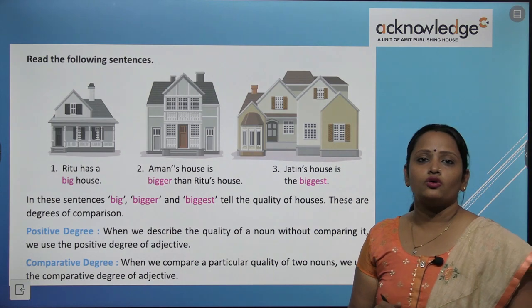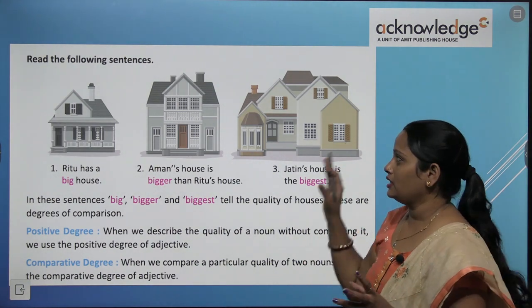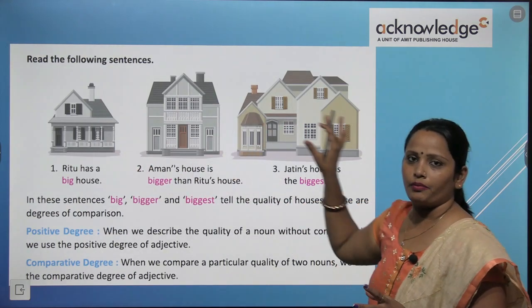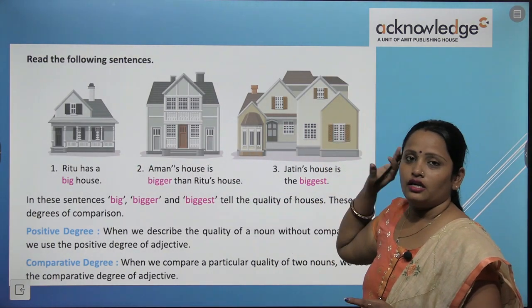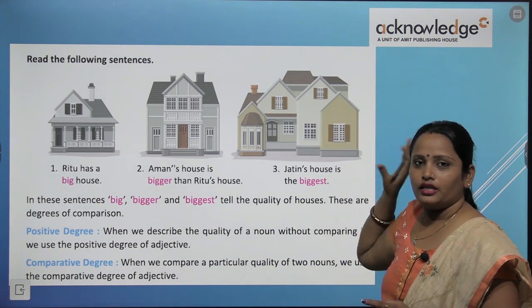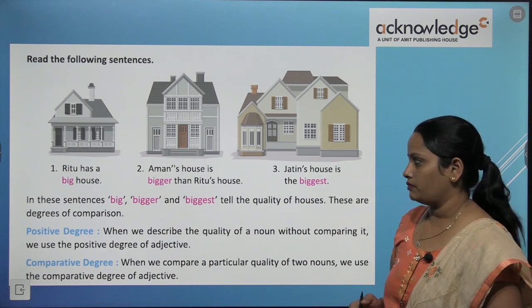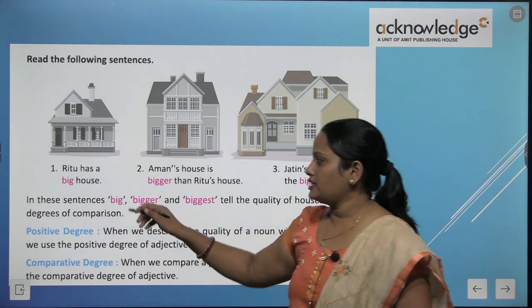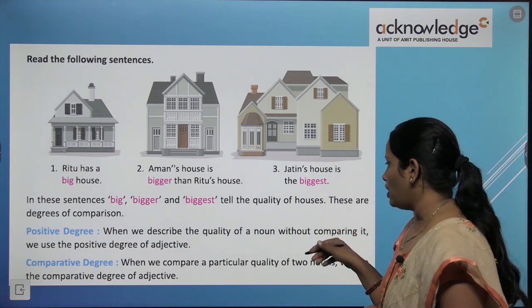And the third house is of Jatin, which is the biggest. Means इन तीनों घरों में अगर आप compare करेंगे तो you are going to tell me that this is the biggest. सबसे बड़ा घर ये है. So that's why we have used the word biggest here. In these sentences, big, bigger, and biggest tell the quality of the house.